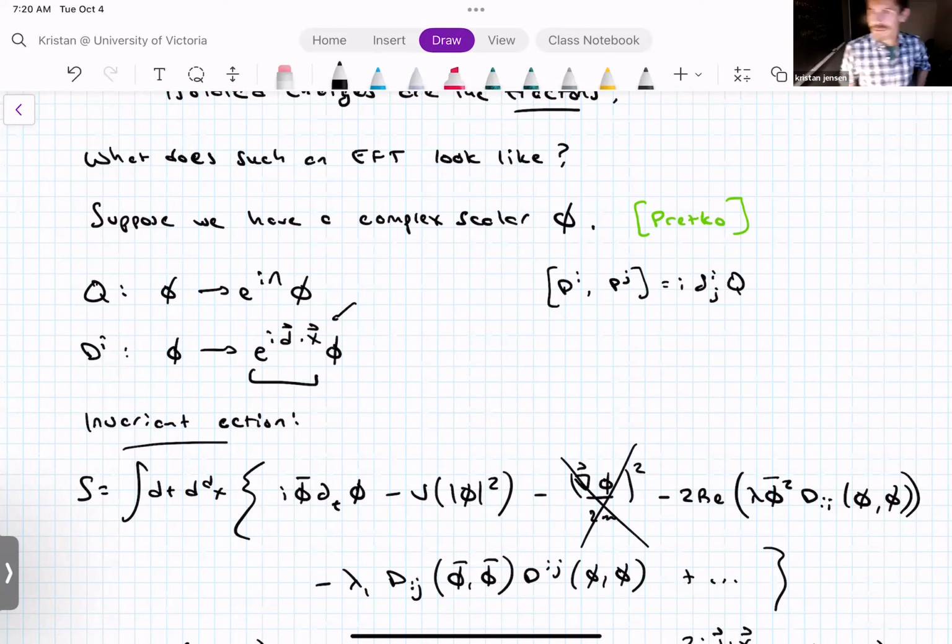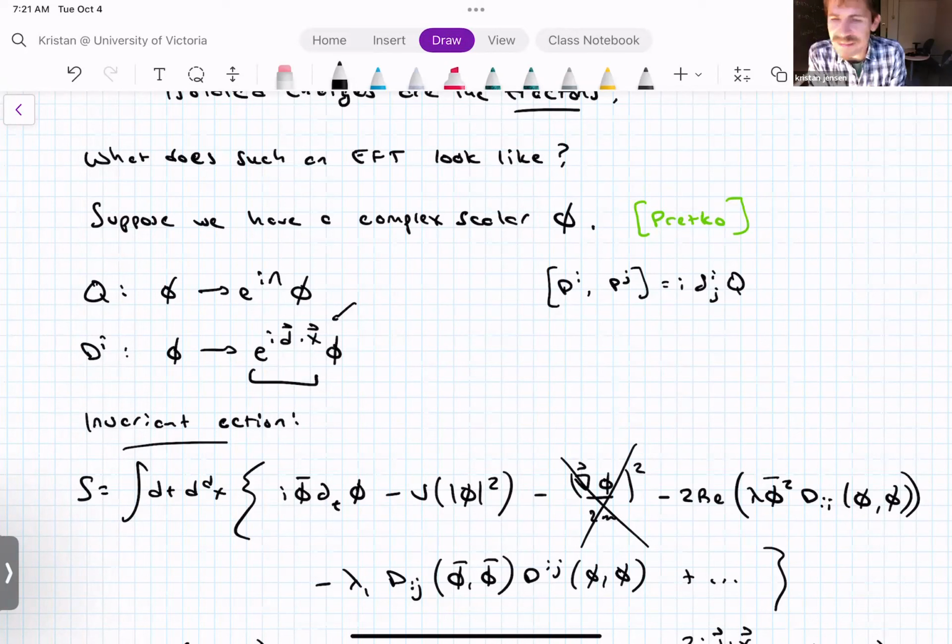You have a potential term. You might try to write down a standard spatial kinetic term, grad phi squared. That ends up being inconsistent with this dipole symmetry. It breaks it. So this symmetry kills those terms.